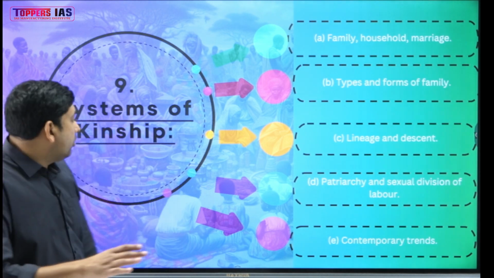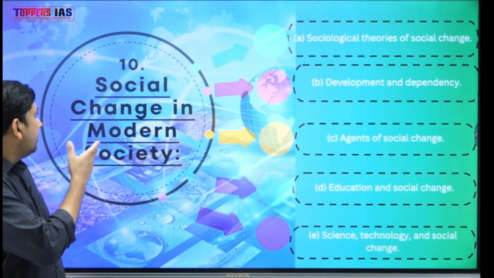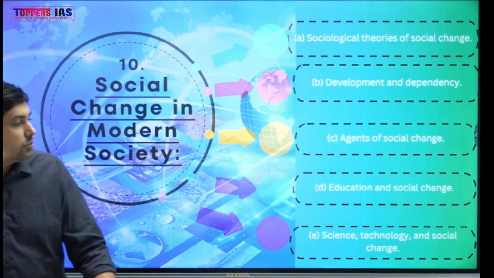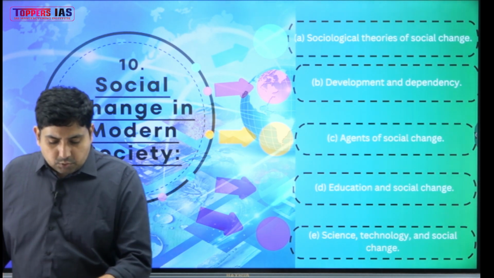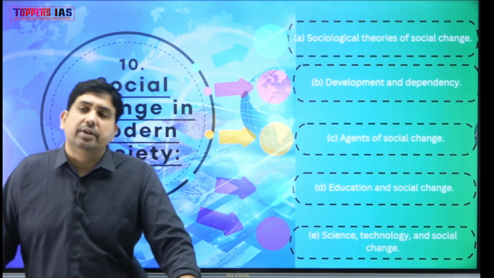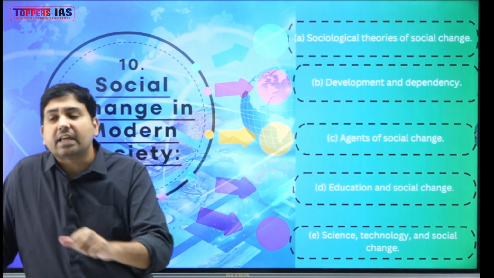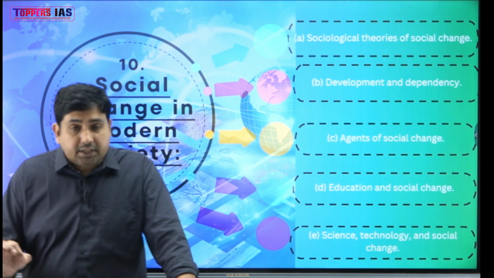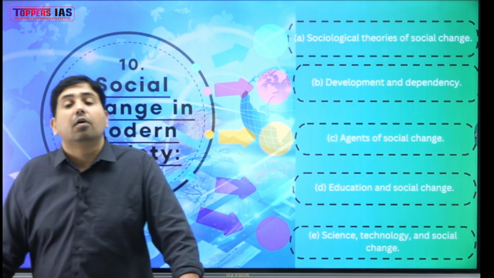Therefore now we come to the last unit, unit number 10, social change in modern society. This unit looks at how society changes over time, especially the rapid and complex changes happening in the modern era.